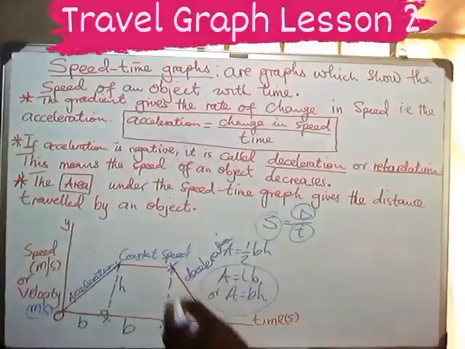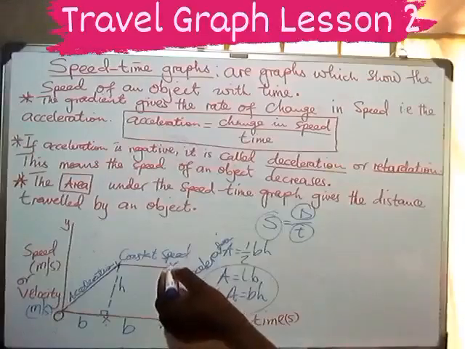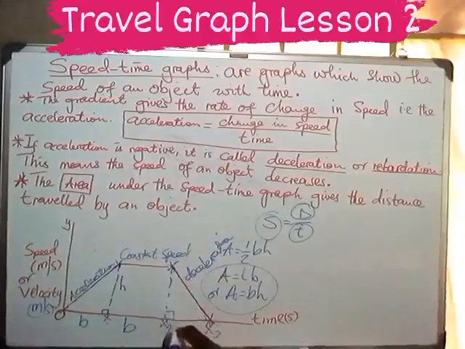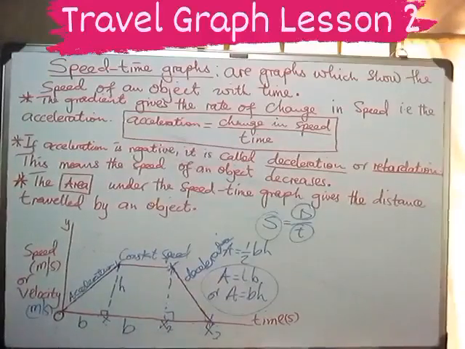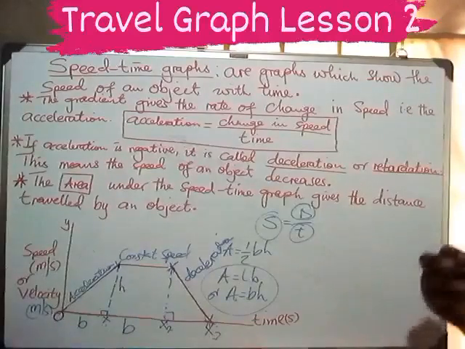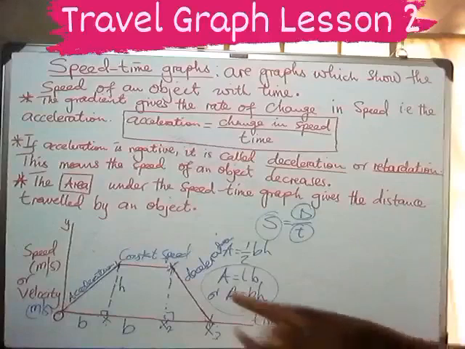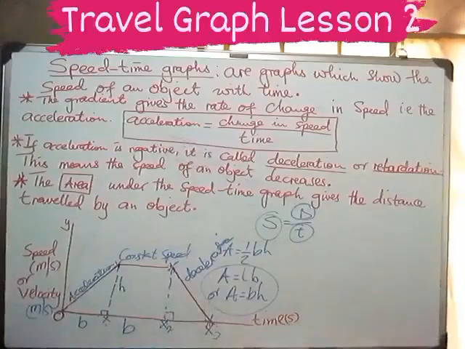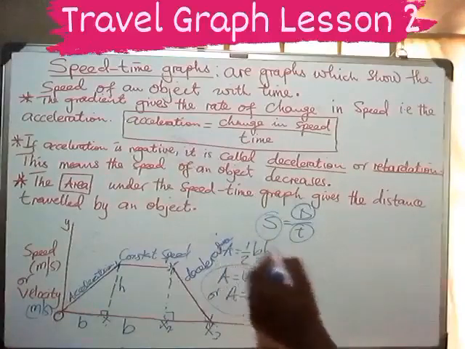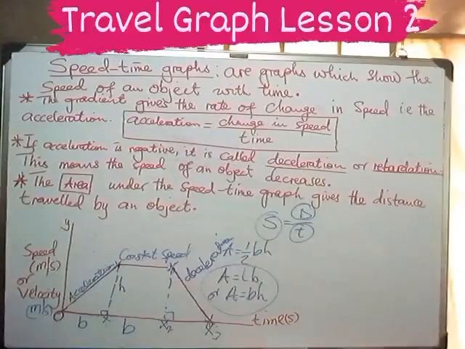So you may be told to find the distance covered in the last whatever minutes, up to the time when the car stopped, or when the object stopped moving. Since the shape here is a triangle, you still use the formula to find the area of the triangle.